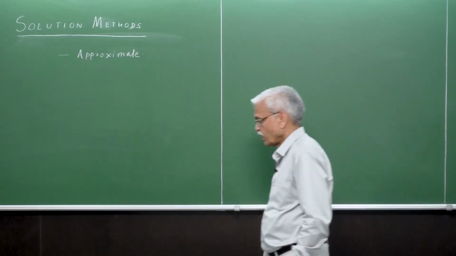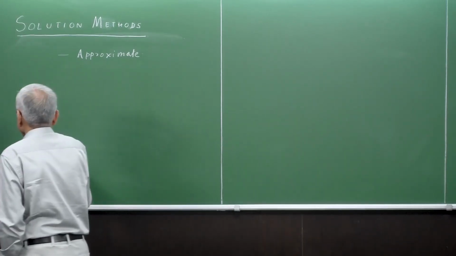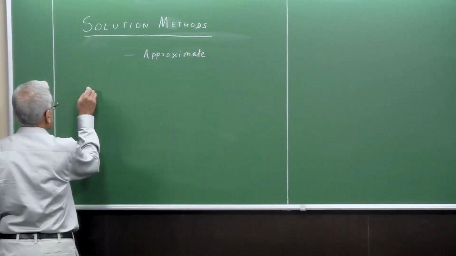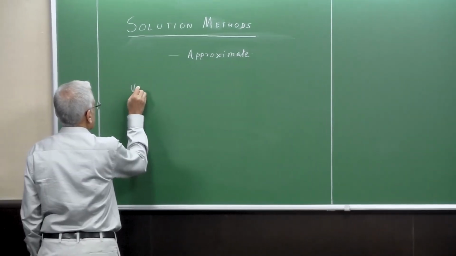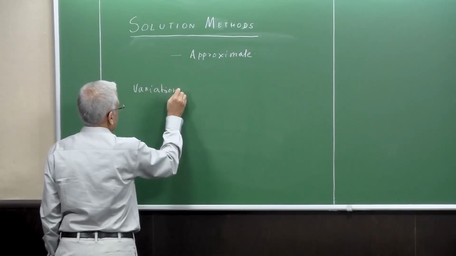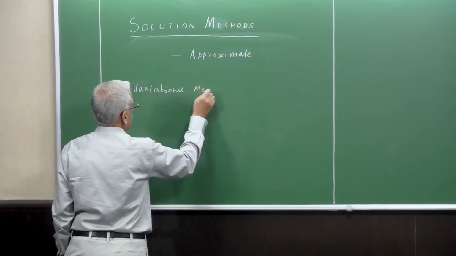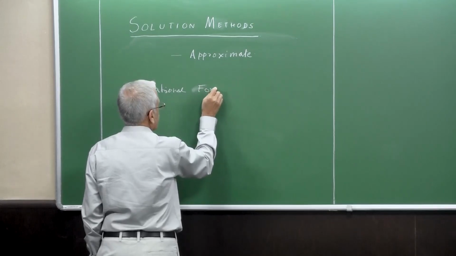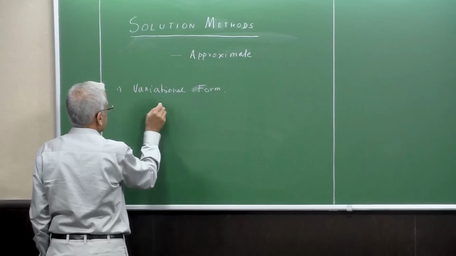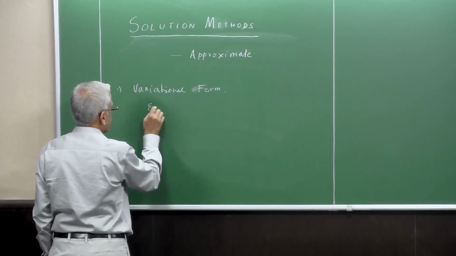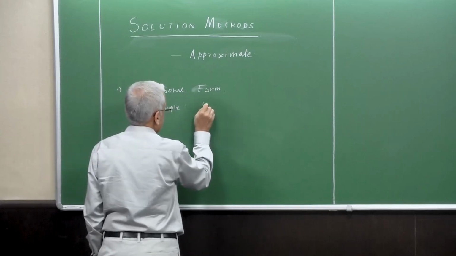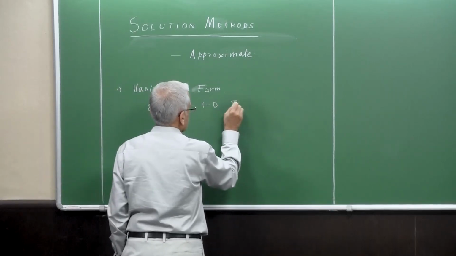So for example, here, we are talking about the variational form, and in particular, as an example, we will take the 1D taut string.